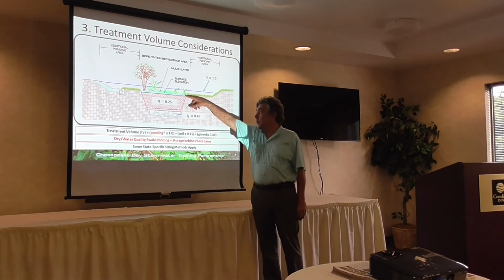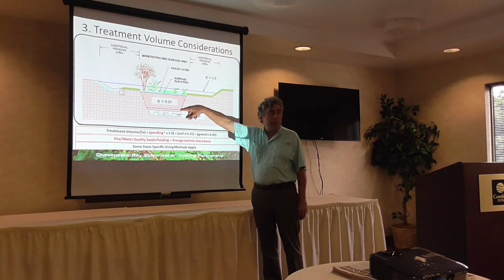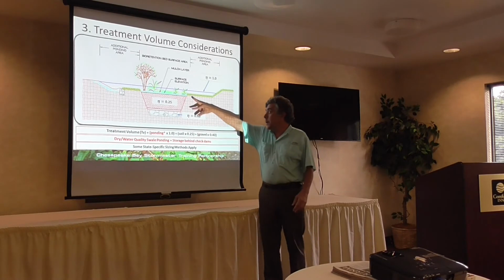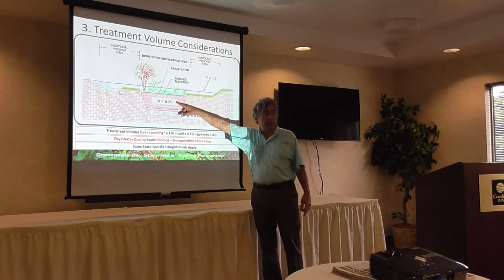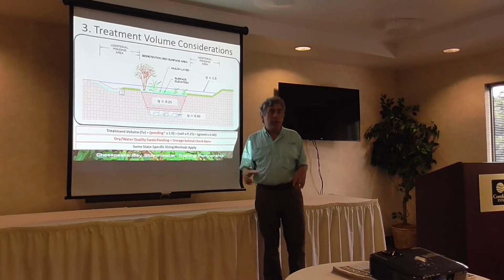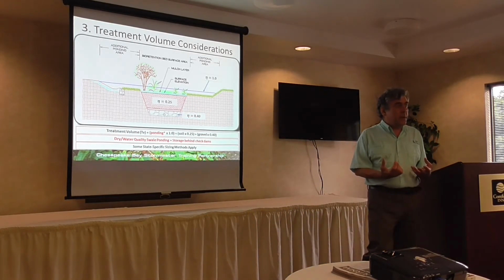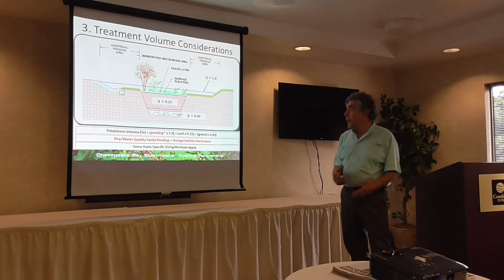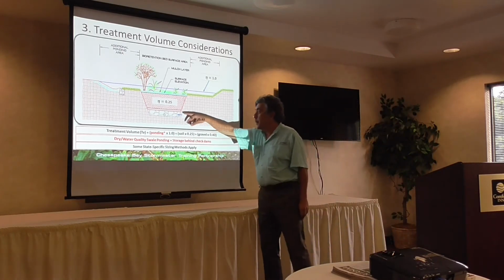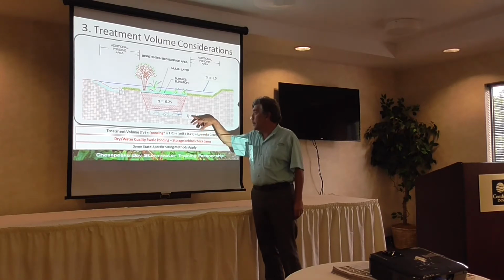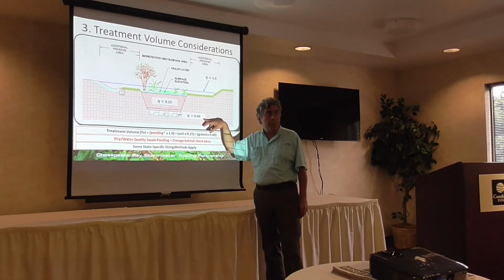Basically, they compute the depth of the filter, and because there's void space in between, there's a lot of sand, you can take that volume, multiply it by 0.25, and that's the water stored in the filter bed itself. So you can add that to the treatment volume. And then if you have that underdrain or sump layer, it's got a void ratio of 0.4.